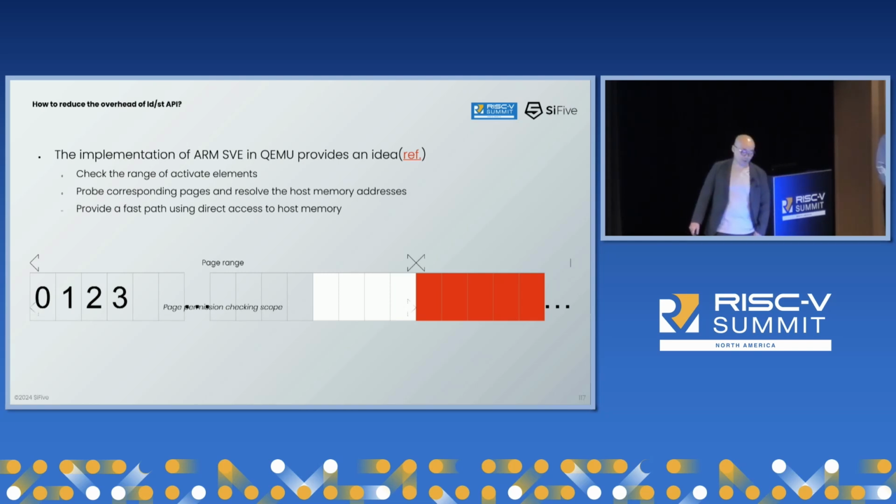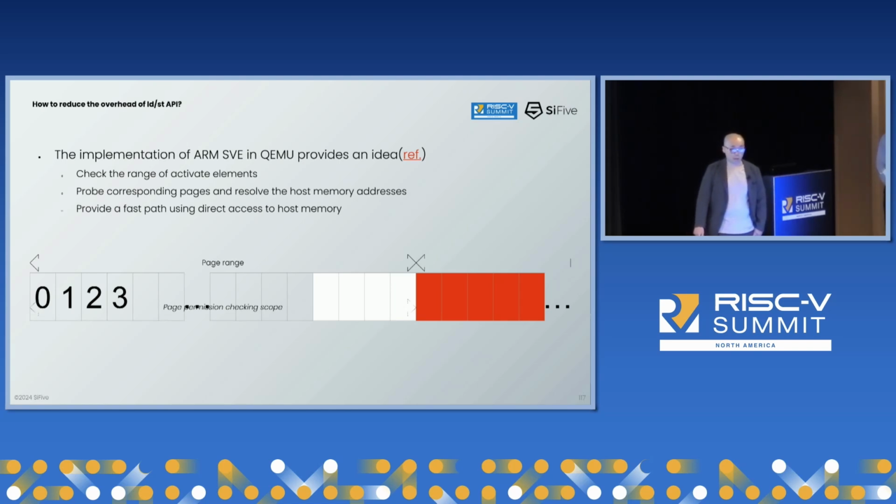Okay, so how do we reduce the overhead from the QEMU load store API here? Actually, QEMU supports various guest architectures, and every guest architecture may have their vector instructions. And here, the Arm SVE load store instruction actually has an optimization to reduce the overhead from the QEMU load store API.